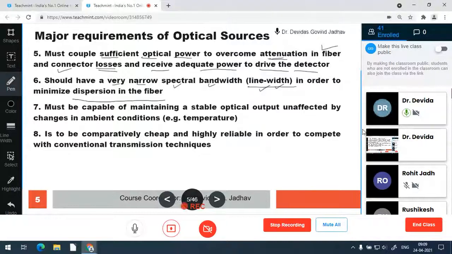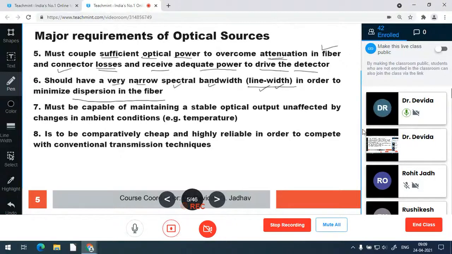We cannot use other electrical sources or gas laser sources. So we have to use semiconductor sources, and these should have a stable output unaffected by ambient conditions like temperature.